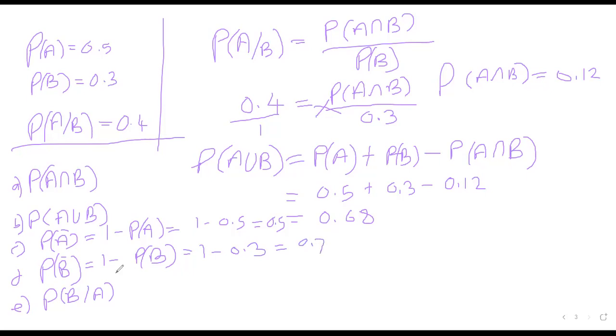Then what is B given A? How do we expand B given A? Which probability goes down?